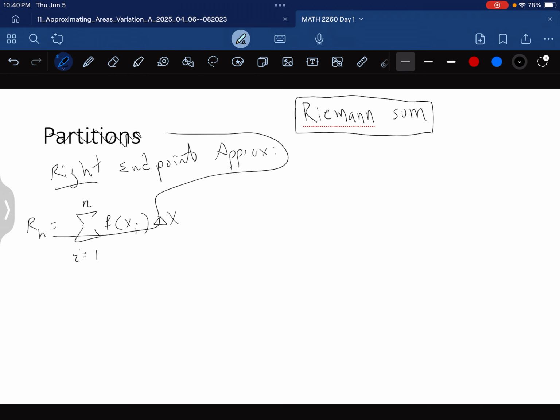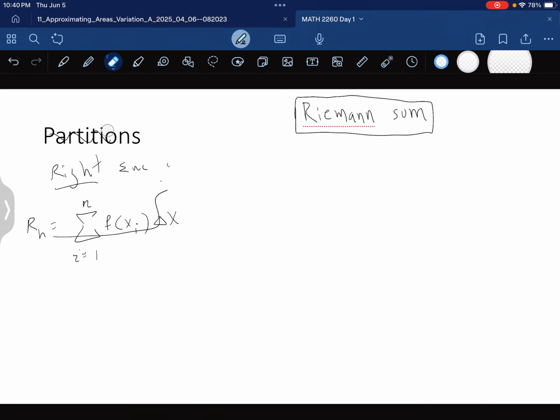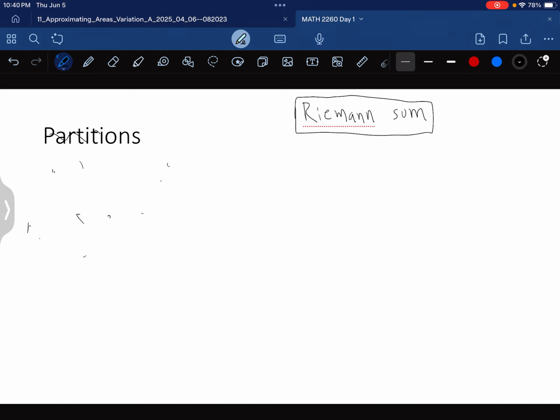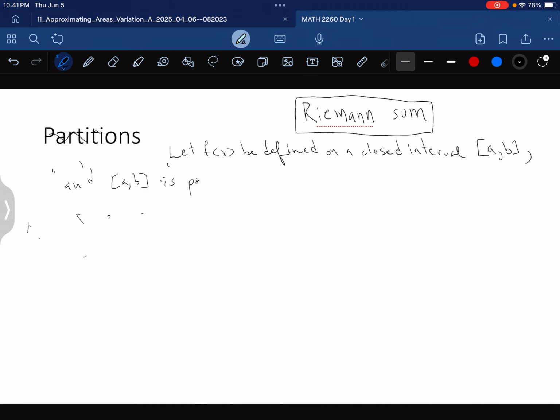Let me erase some of this. So let's say we have a function defined on a closed interval [a, b], and then we have a partition of the interval, i.e. we've split [a, b] up into a bunch of little subintervals.